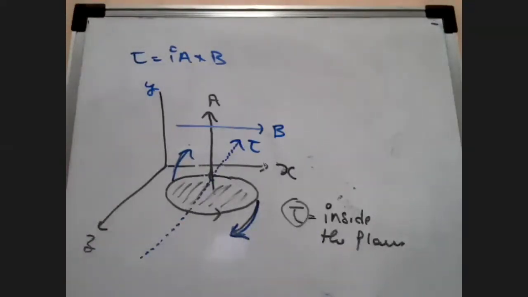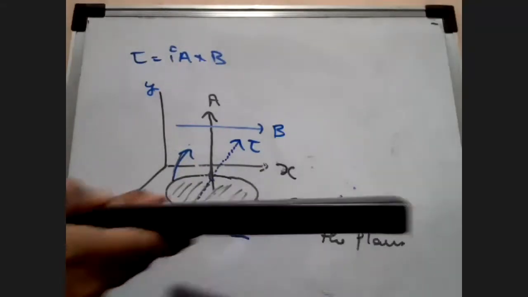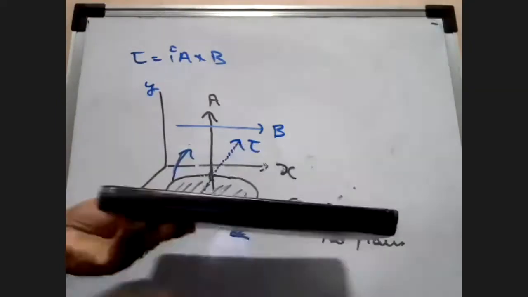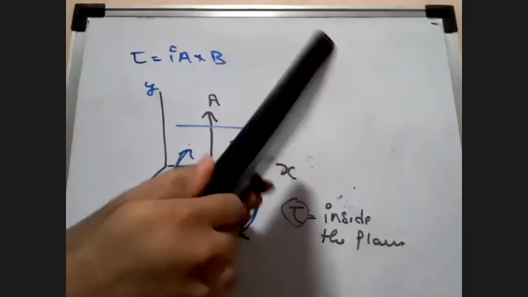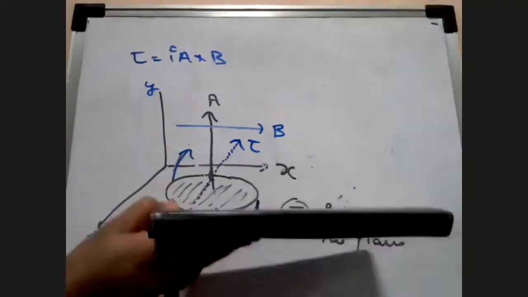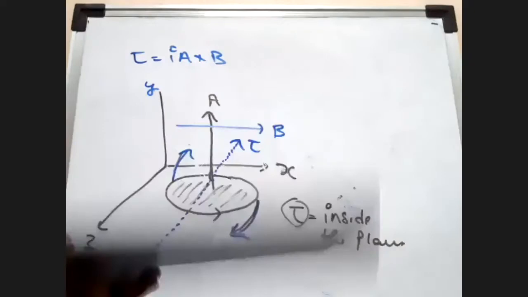Students will tell me that if this is my coil and the torque is inside the plane, then it should move like this. Why is it moving like that? Are you getting my point? No, it is not that.